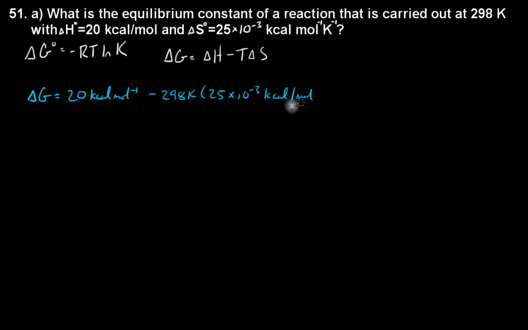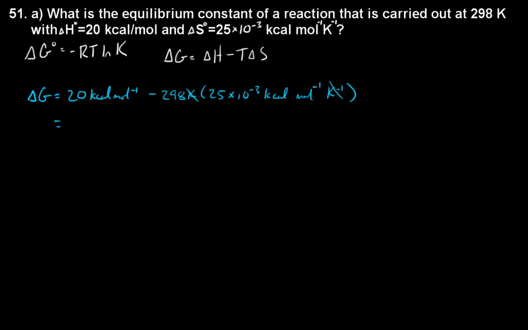Okay, and we can see now that our Kelvin terms, our temperature terms, are going to cancel out, and all we're left with is kcal per mole. So we'll go ahead and calculate delta G in this.